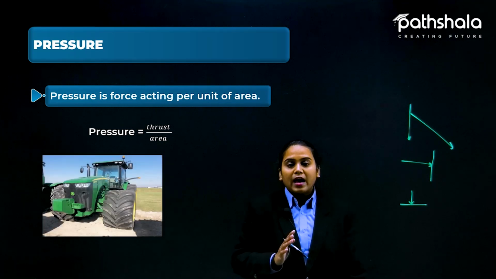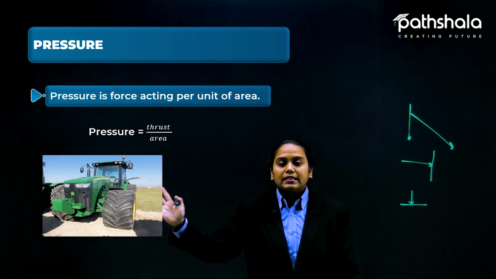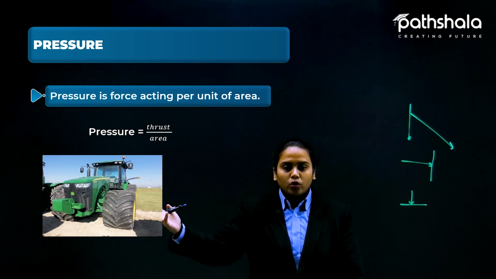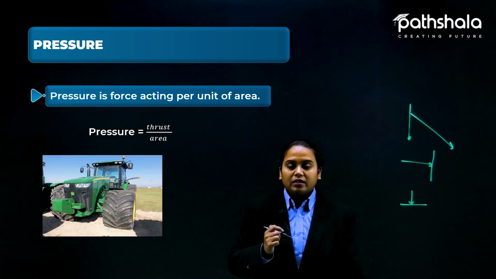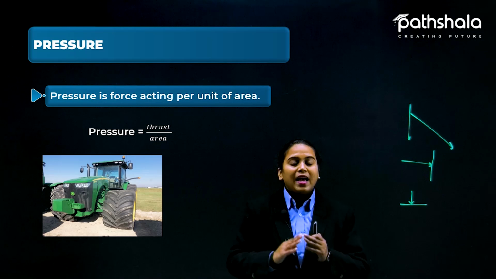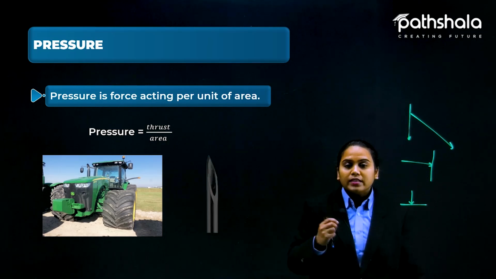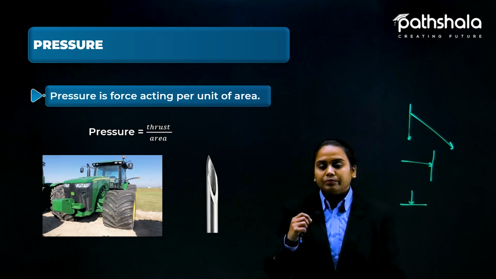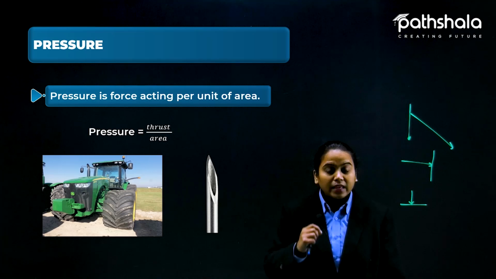Here we have certain examples. As you can see, here is a roller, and the tire part is very broad. And some parts you can see are like a needle. The needle is very pinpointed, very thin.